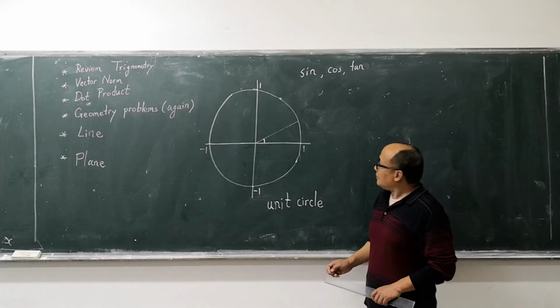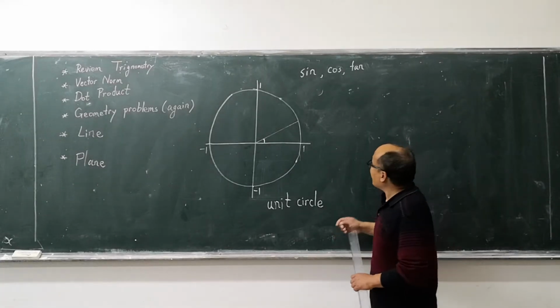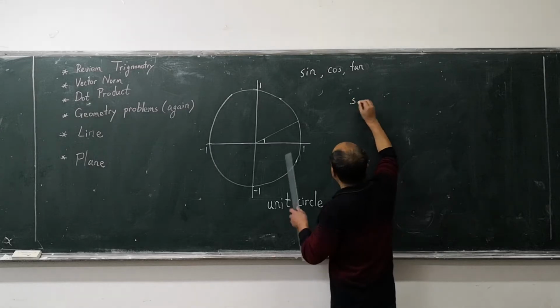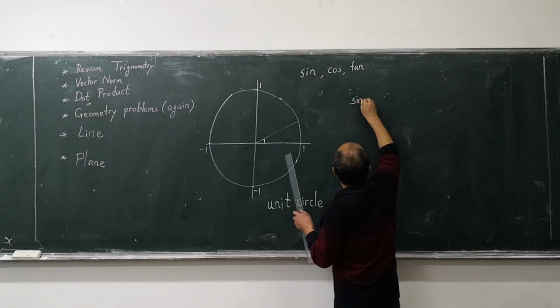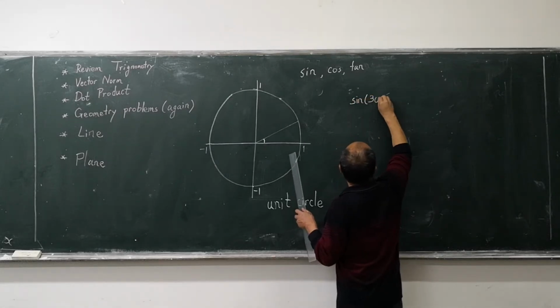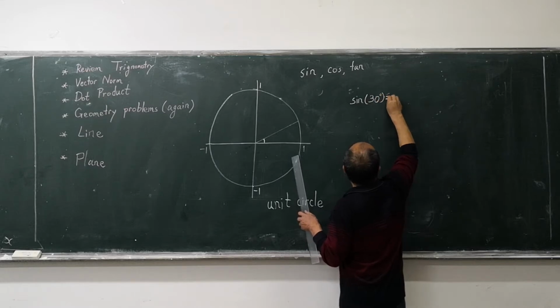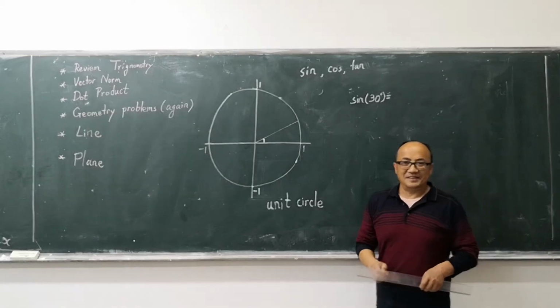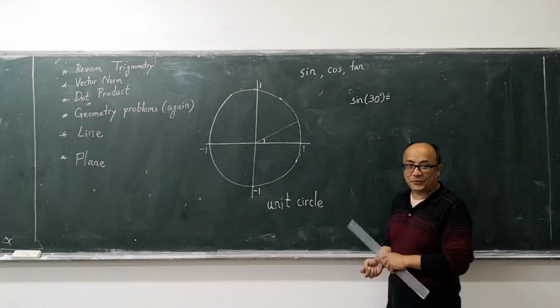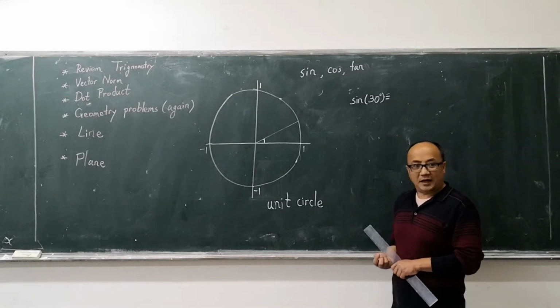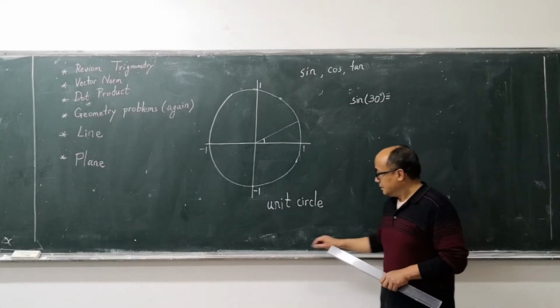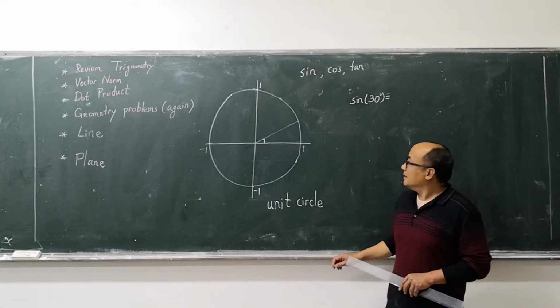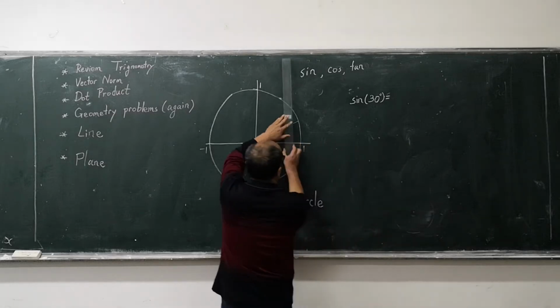Where is the sine of 30 degrees? Which line is sine 30 degrees?